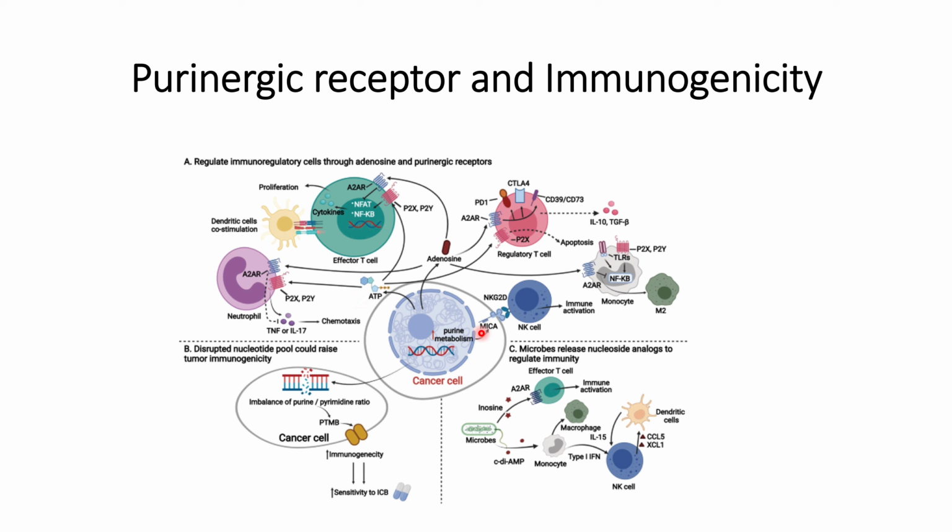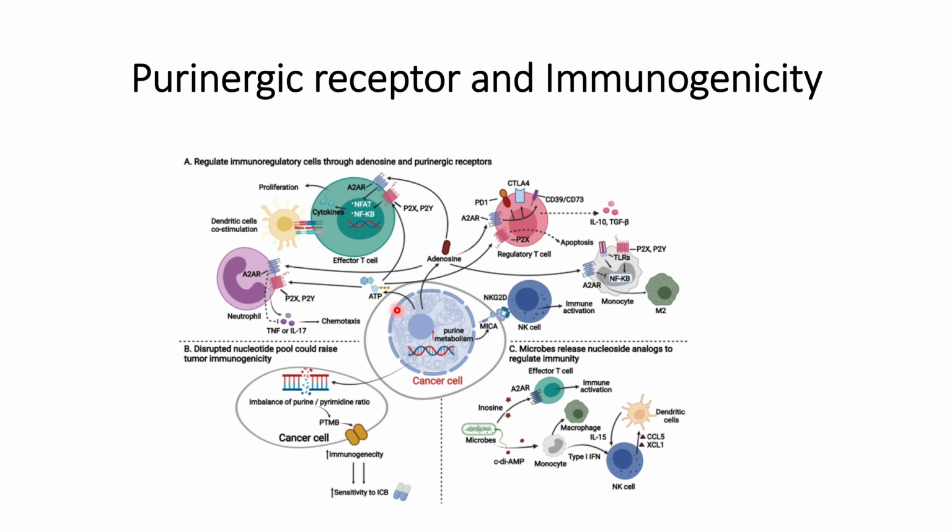And in this figure, different kinds of immune responses related to these purinergic receptors are shown. Since we know that cancer cells arise from different kinds of mutations that lead to uncontrolled growth, these mutations will also lead to an increase in purine metabolism, so the purine nucleotides will increase.